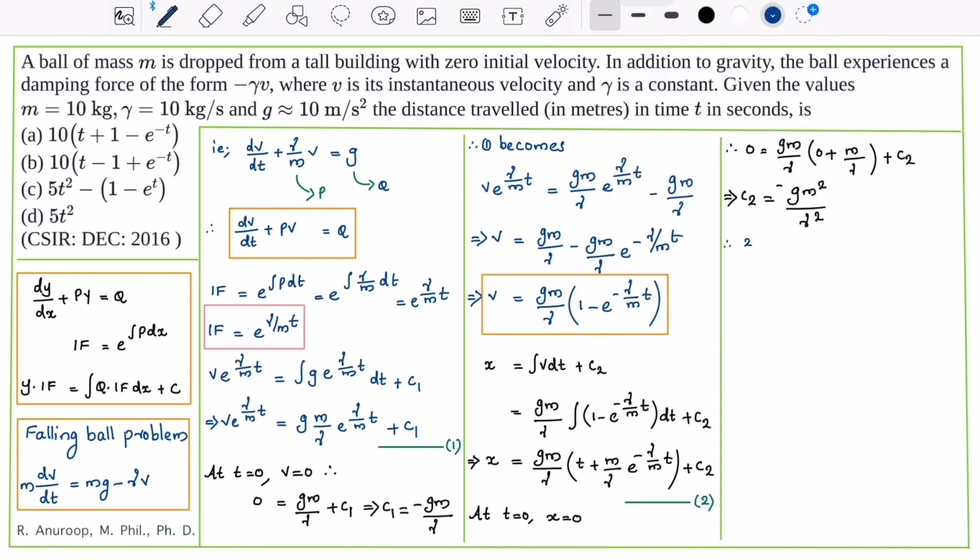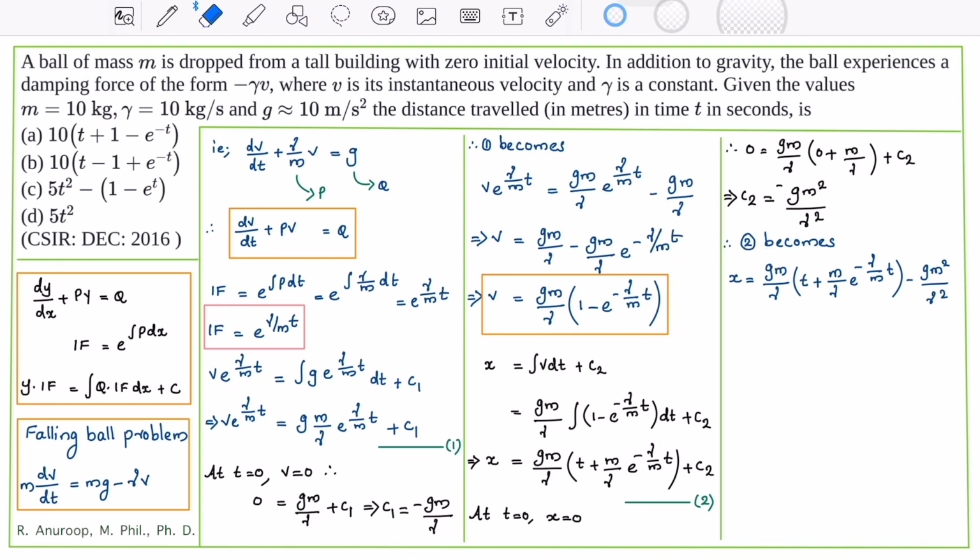Our equation 2 becomes the distance traveled in time t seconds x equal to gm by gamma, then t plus m by gamma e raised to minus gamma by m into t, minus gm square divided by gamma square. This is the general solution for the falling ball problem.